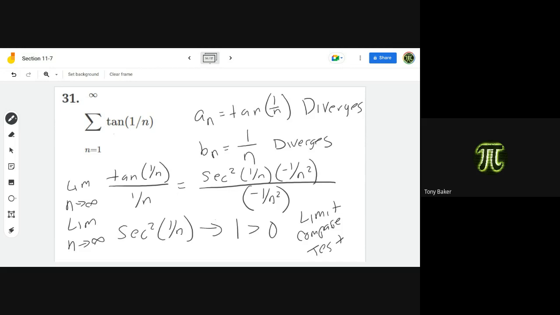When it doesn't work, you have to try something else. If you picked 1 over n squared, that would converge, and we know this function diverges, so it won't be both. That's how you'll know if you picked the wrong thing.